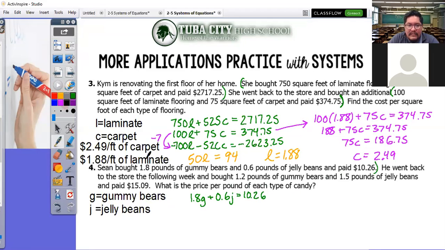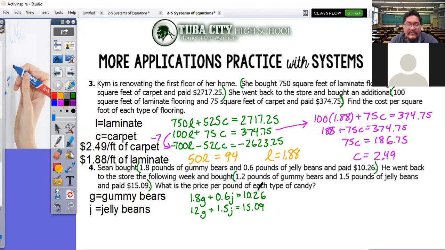And again, there's our first clue statement. Second one: he bought 1.2 pounds of gummy bears and 1.5 pounds of jelly beans, and that was $15.09. So there we go, now we have our 2 equations.